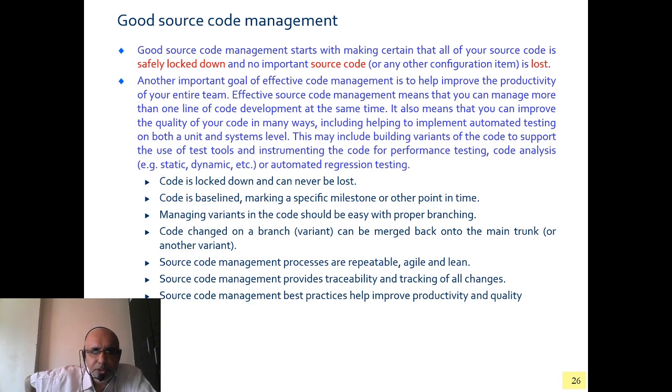The code is locked down and can never be lost because it is part of the master directory. So there is no question of losing the code. You have to check it out again for modification and write it back. Unless you write it back with check-in procedures, it may not be lost.